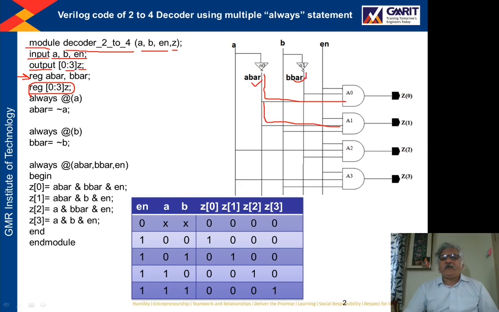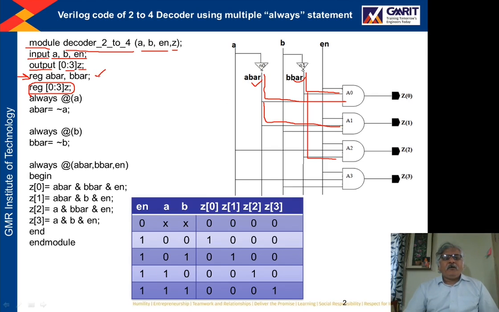In the same way, the intermediate wire B bar is connected to the A0 gate and to the A2 gate, right? So these are the intermediate wires. The meaning of intermediate wires is that they are neither connected directly to an input port nor to an output port. Okay. So these wires A bar and B bar we declare here as reg type.